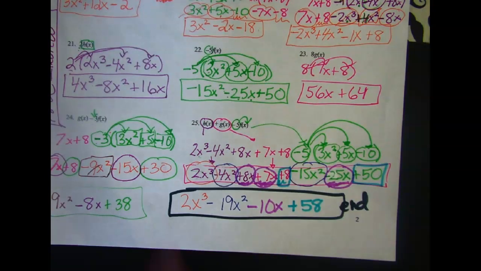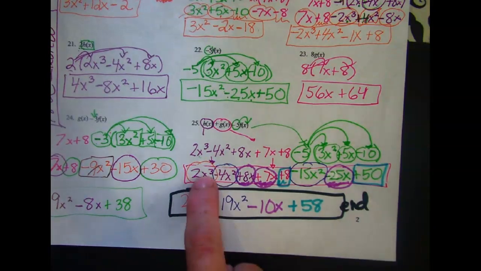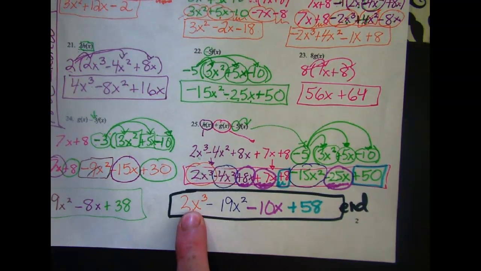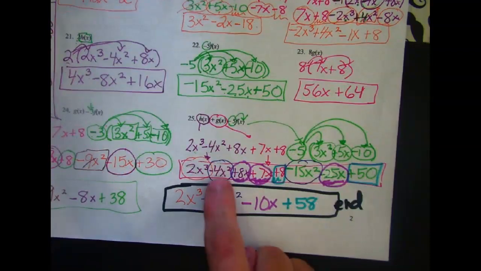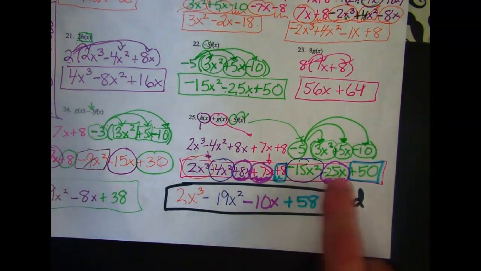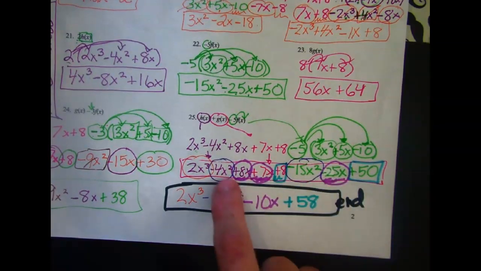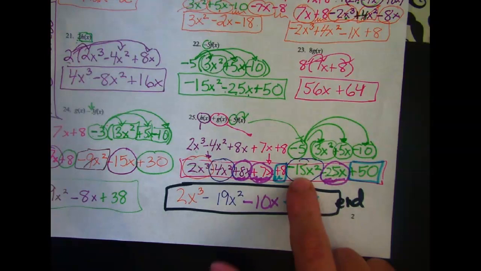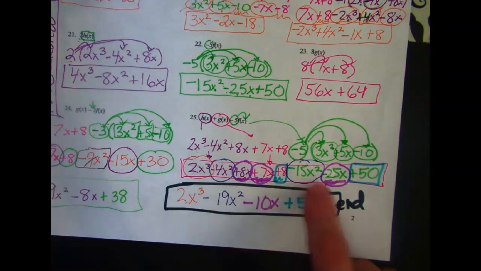All right, so as you can see, I used a lot of different colors to show. So the 2x to the third couldn't go with anything else, so I dropped that down. I had my negative 4x squared, and I also had over here a negative 15x squared. Remember, the sign in front of the number needs to go with it. So I have a negative 4 plus a negative 15.